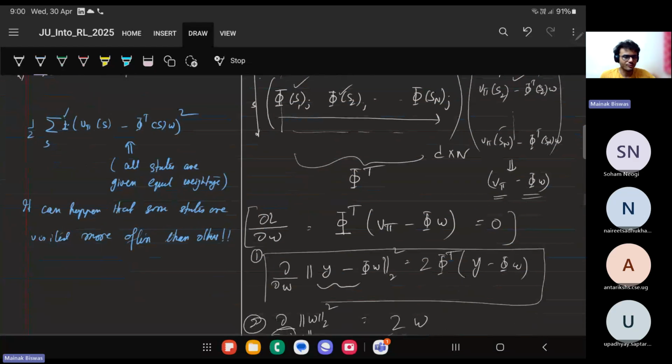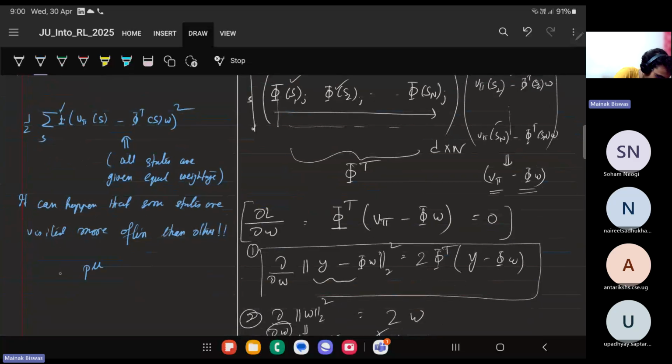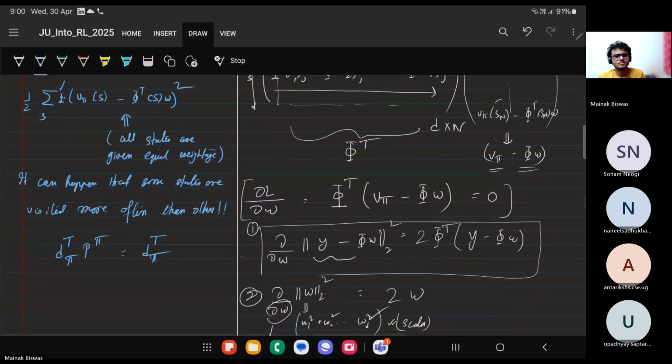You remember we discussed in the Markov chain, the stationary distribution of the Markov chain for a policy pi was this, right? Where the distribution for a particular state was the number of times the state was visited.